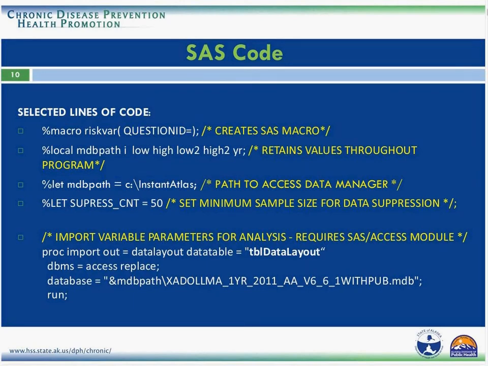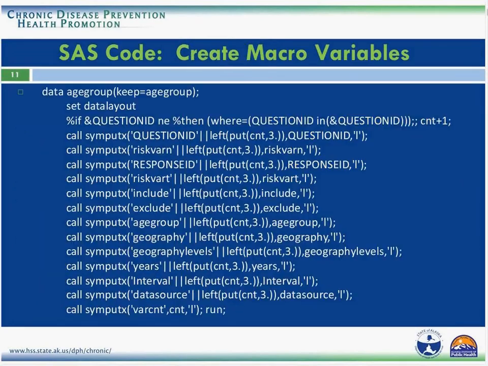And lastly, we're using the SAS Access module to import the data from the Access database. And so here you can see we're bringing in the data table. This is our table data layout. We're storing it as data layout, and then we're bringing it in from the database. And here is the convention that I use for identifying my database.